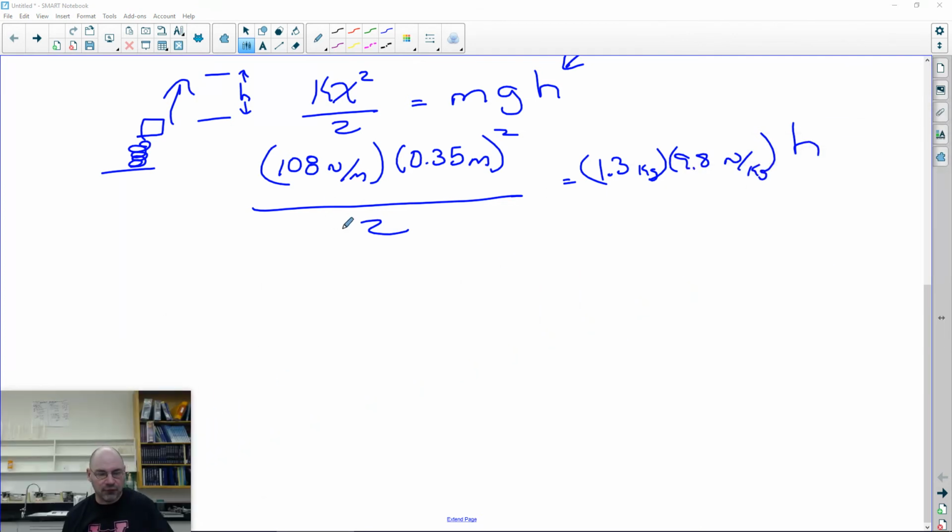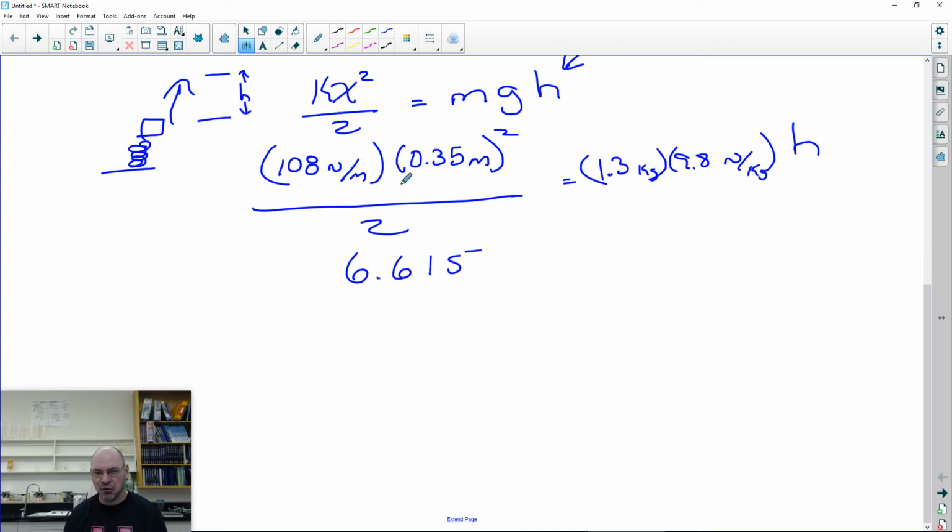Okay, so 0.35 squared first. That's 0.1225 times 108 divided by 2. So I get 6.615. I'm not going to round anything off yet.